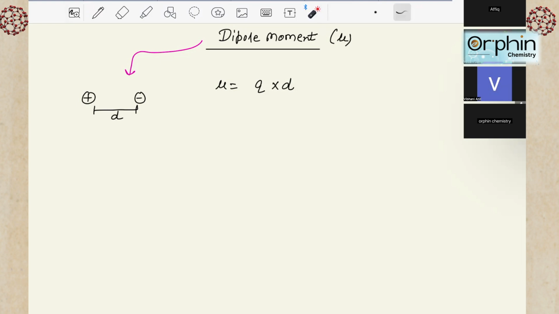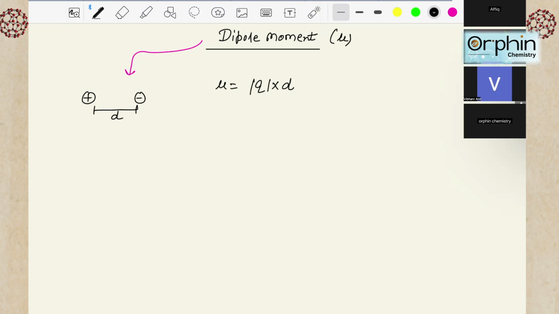In chemistry, the charge can be partial also, because in the HF bond there is not a complete positive charge on hydrogen, but a partial positive. Similarly, on fluorine there is partial negative. This charge can be different in different compounds. That is why we take the magnitude of the charge and the distance between the charges. This value is known as the dipole moment.